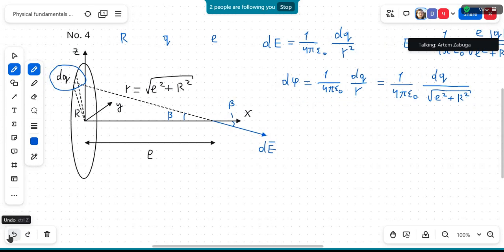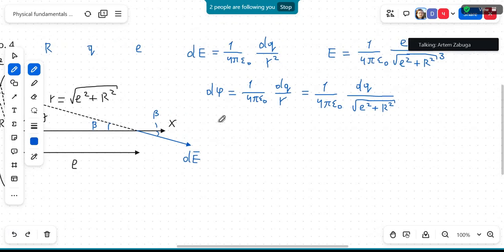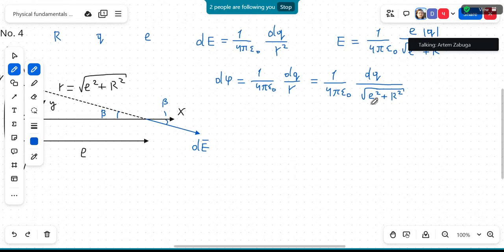I think it may be found just by integrating this, because electrostatic potential is a scalar value. So we can just add them like numbers.